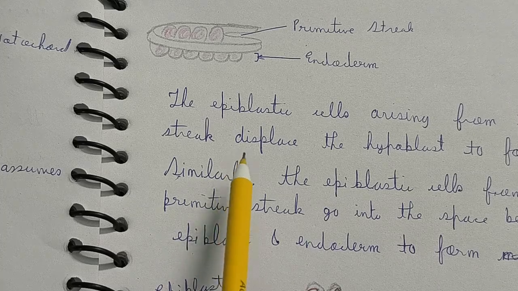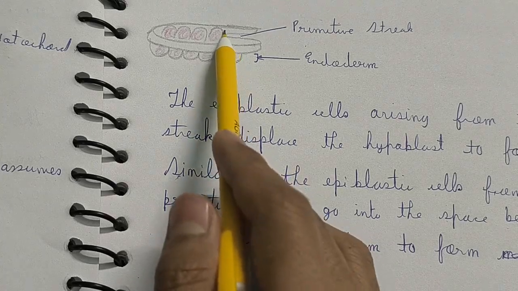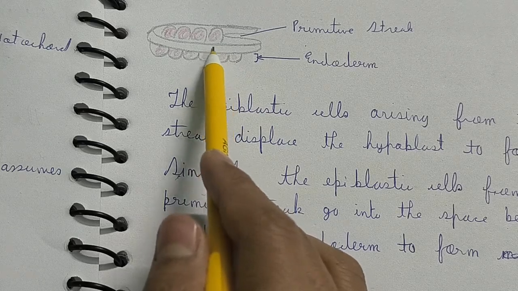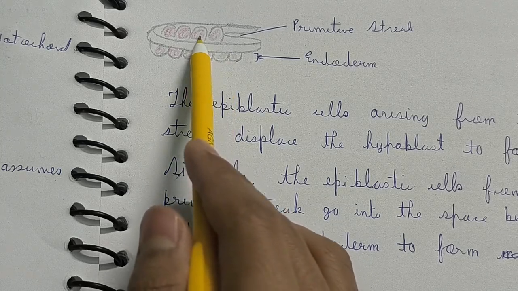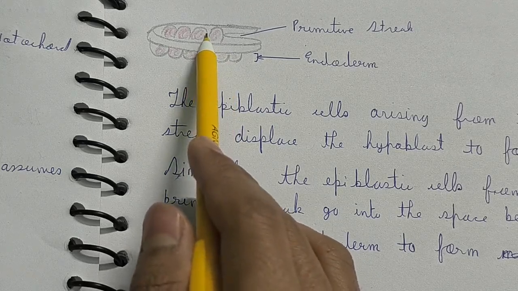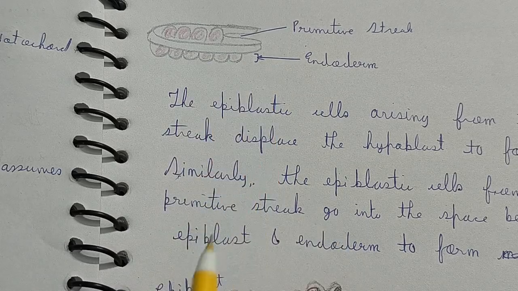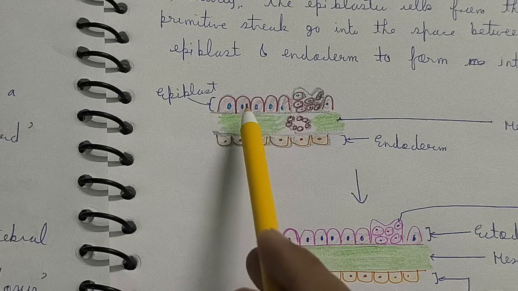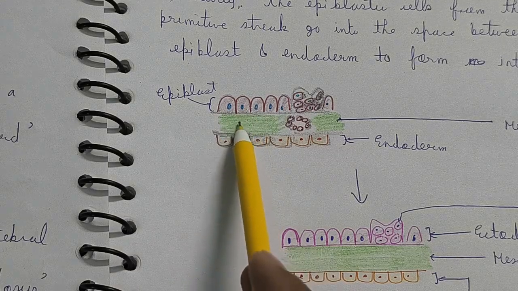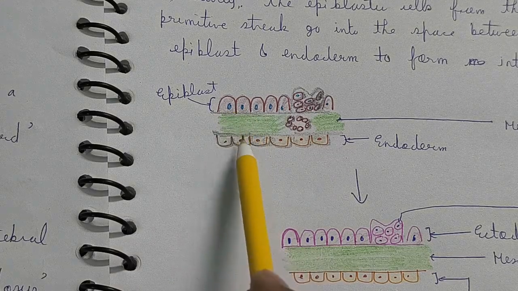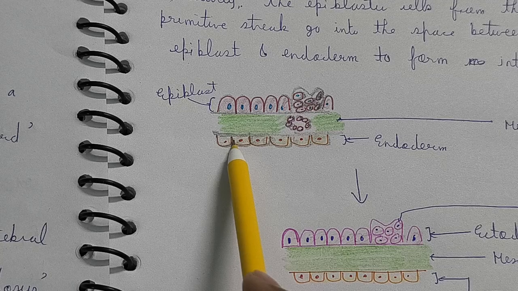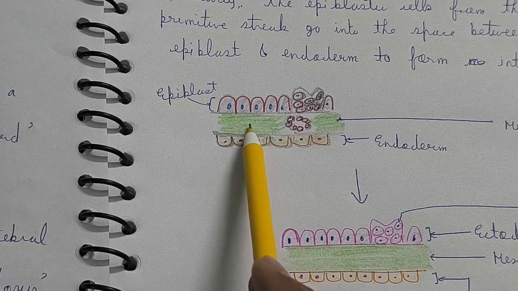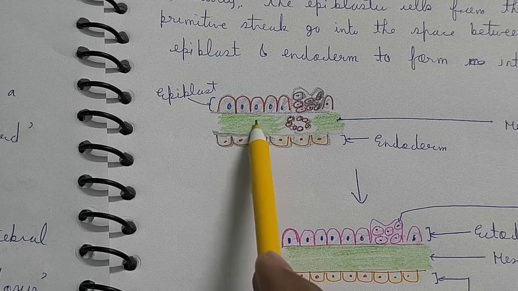On the same basis, due to proliferation and movement through the primitive streak, epiblastic cells move into the space between the epiblast and hypoblast, and mesoderm formation occurs in this way. In this space epiblastic cells move and lead to the formation of mesoderm.